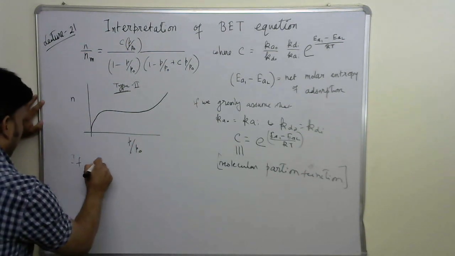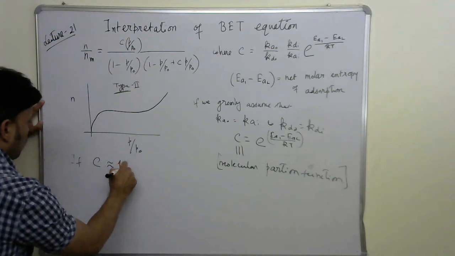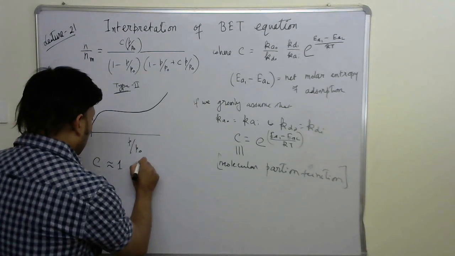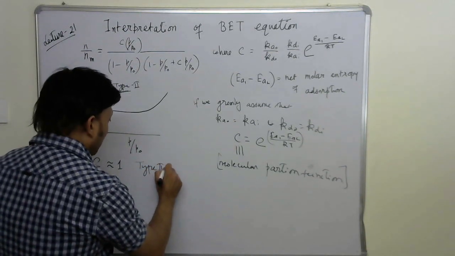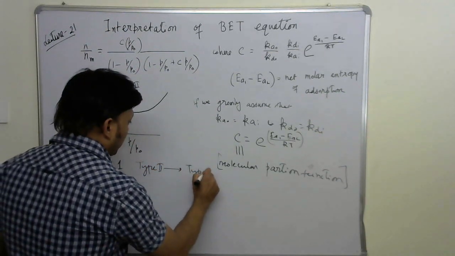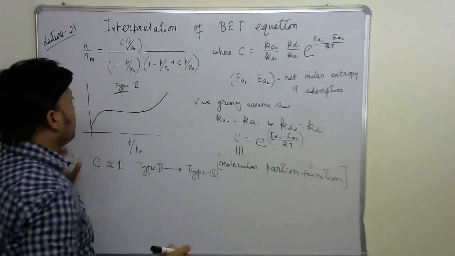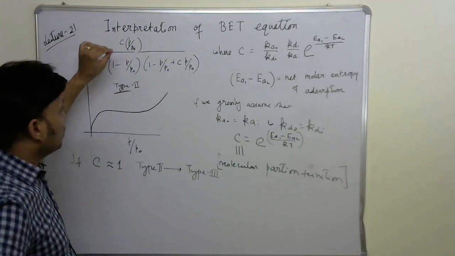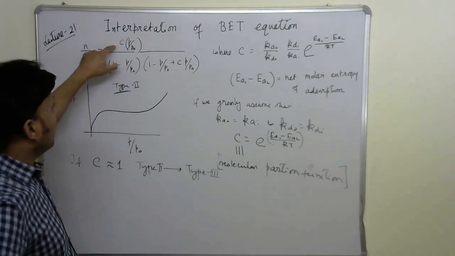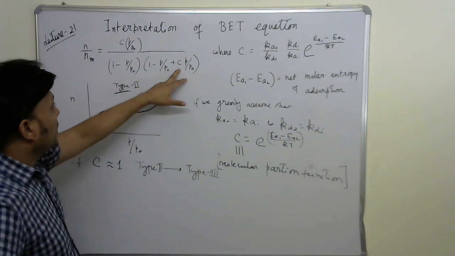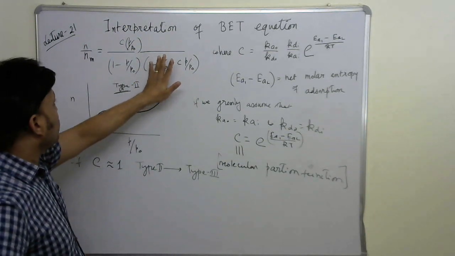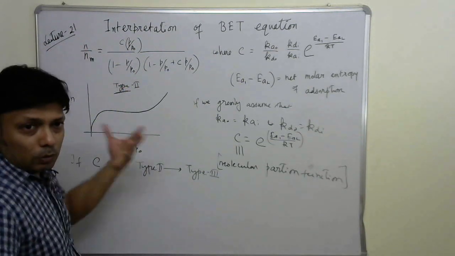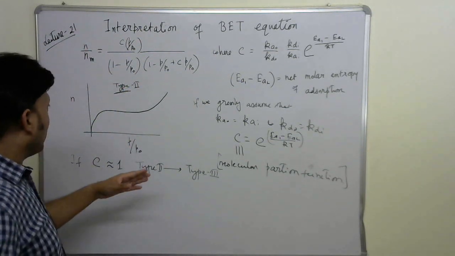If the C value becomes very close to 1, then a type 2 isotherm changes to a type 3 one, and this can be proved mathematically by taking C almost equal to 1. Then you will see that if the C value goes to 1 here, these two things cancel out, and so we have a different looking equation, and that would give rise to the type 3.